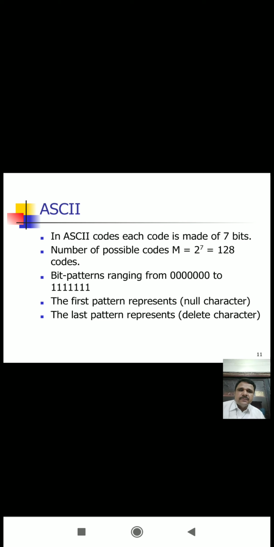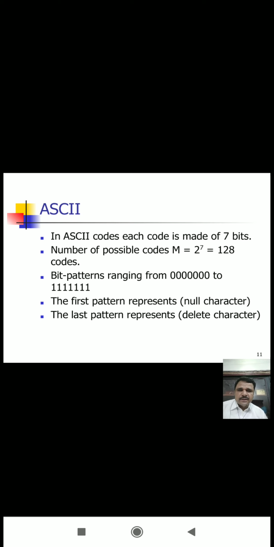The very first one, where all 7 bits are set to 0, represents 0, and the last one, where all 7 bits are set to ones, represents 127.